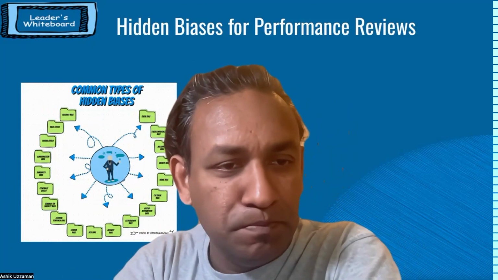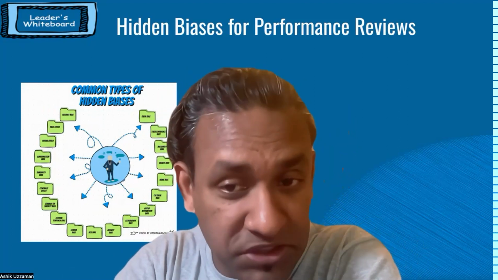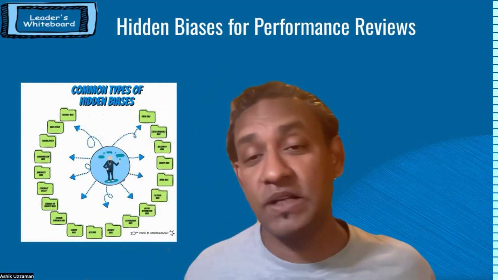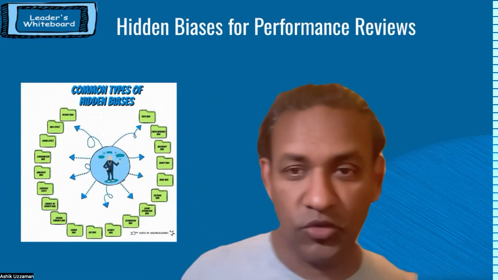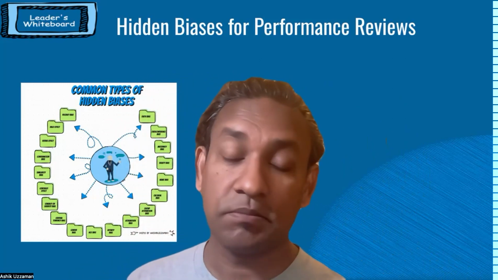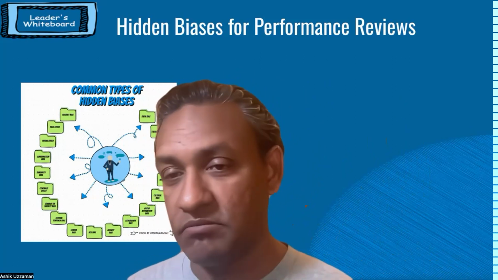And the last, number 19, that I have in my list is overconfidence bias. This is overestimating one's ability to evaluate employees objectively without being influenced by personal biases. If you think, no, I am a very experienced manager, I don't get into any of those biases, and then you evaluate people, okay, if I thought that person's performance is bad, it is bad.